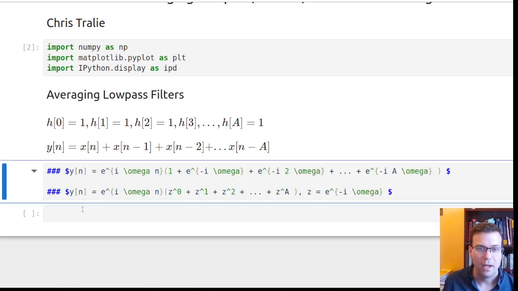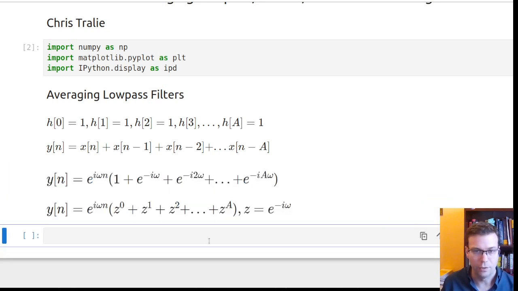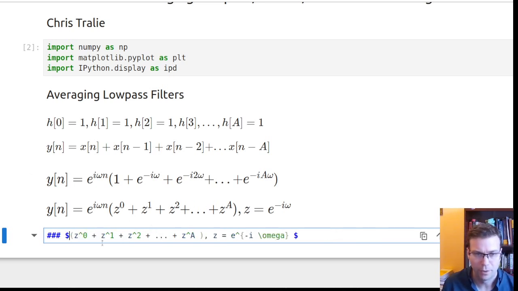Okay, and so the formula for the geometric series turns this into a fraction. I already know I'm going to have e to the i omega, so let me just focus on the z-transform of the impulse response here. So I'm just going to write that part of it.